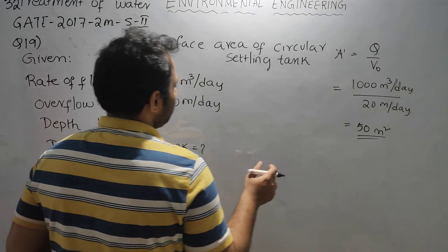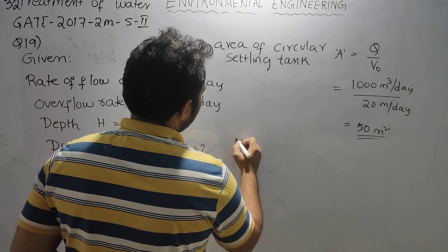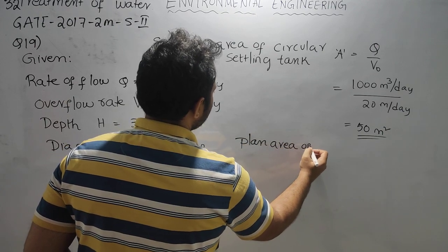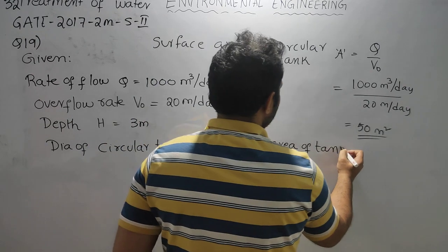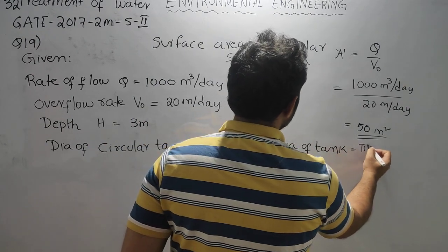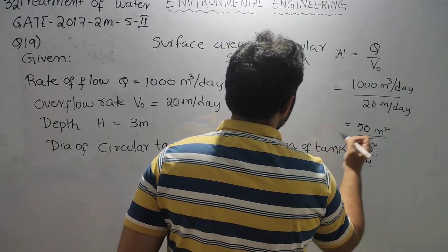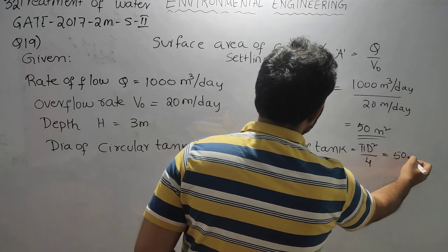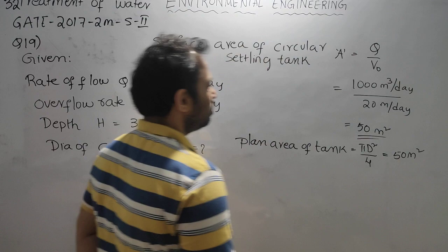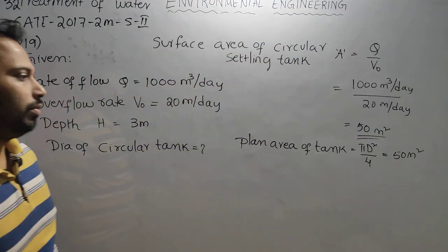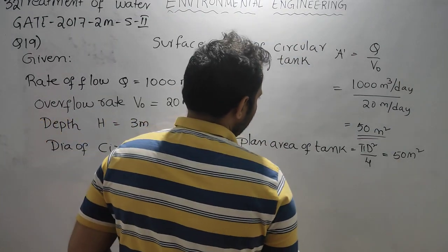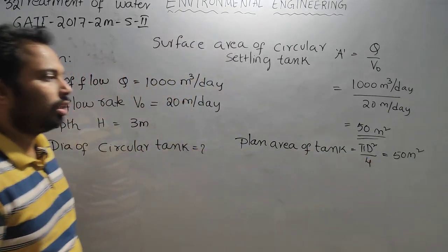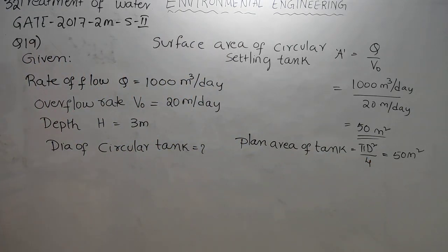So here the plan area of the tank is pi d square by 4. Plan area of the tank is pi d square by 4, which is equal to 50 meter square. So now, equating these two, we will get the diameter value.